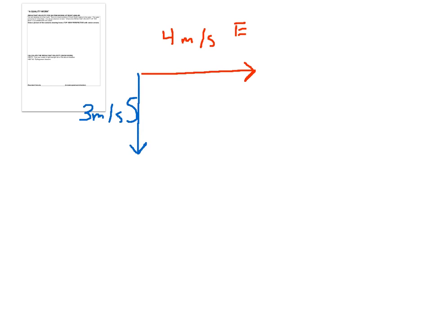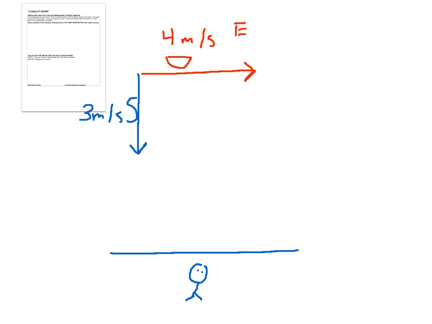Well, it turns out if you're on the land, and we'll use the boat since in your problem it was a boat. Let me draw a little boat on there. Let's pretend this is the boat. So the boat's going 4 meters per second east, and for example, the water is going 3 meters per second south.